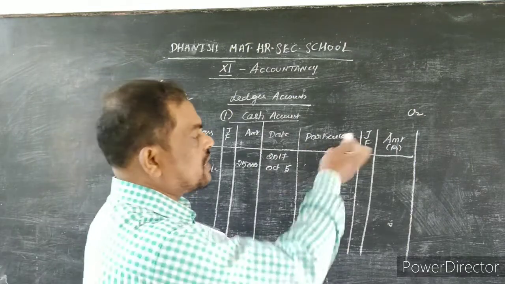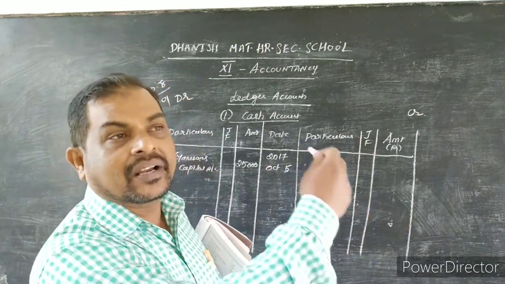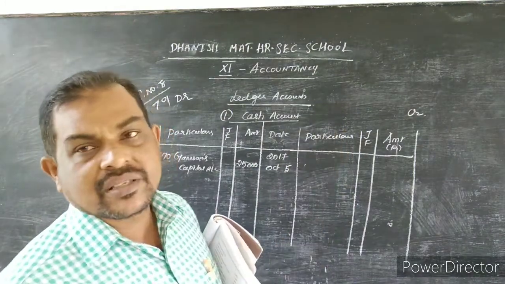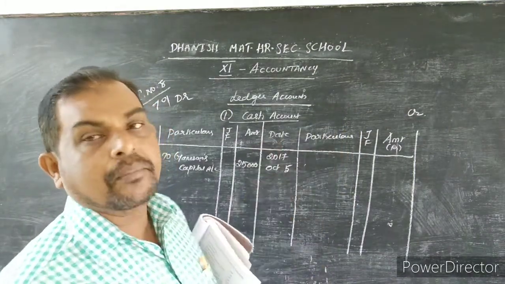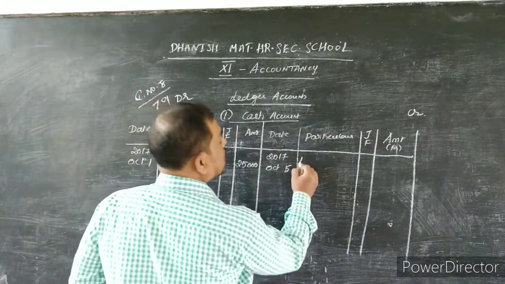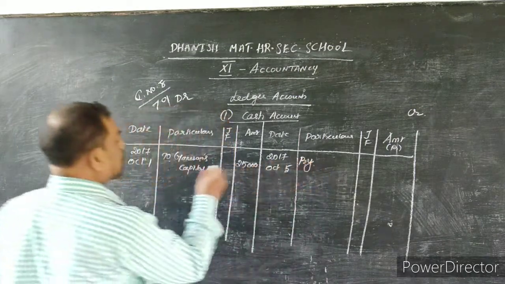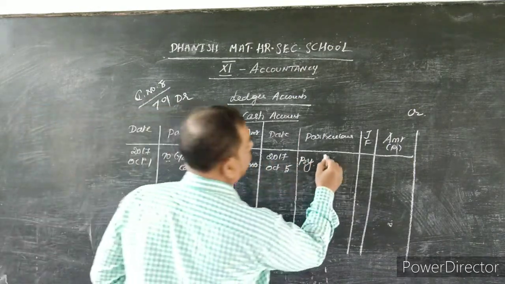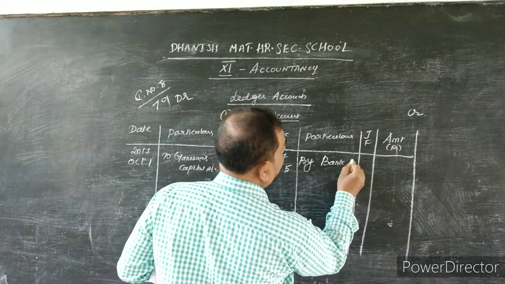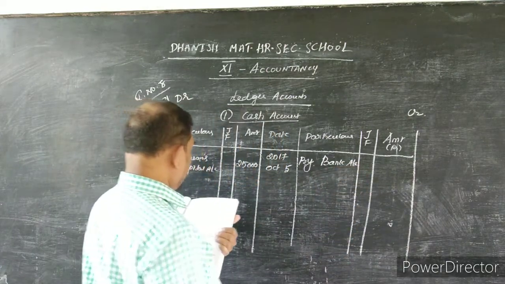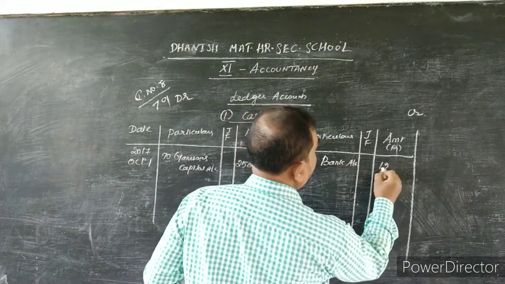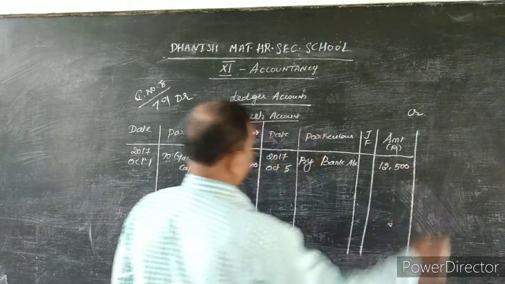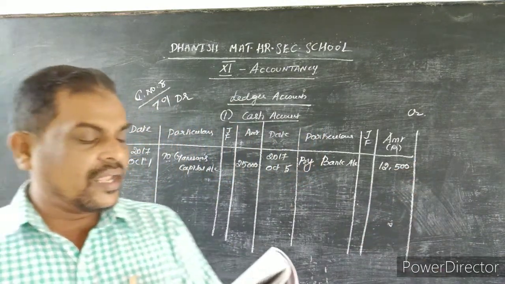Now cash account in the credit side, your hand should come in the credit side, but the reverse entry, how to put? What is the reverse entry? That is, what is the opposite entry? Bank. So when you are using credit side you put by, when you are using debit side you put to. So by bank account, how much? Rupees 12,500.